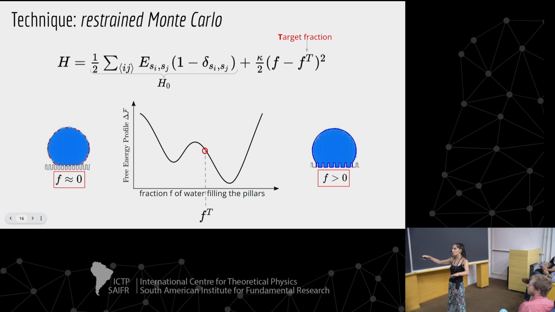So all the water that is below the droplet, we count, and then we give ourselves a target fraction which obliges the system to keep some water below the droplet. Of course, then you have to take this term out in order to compute the free energy, but we know how to do that. And then we find the free energy landscape of the system.